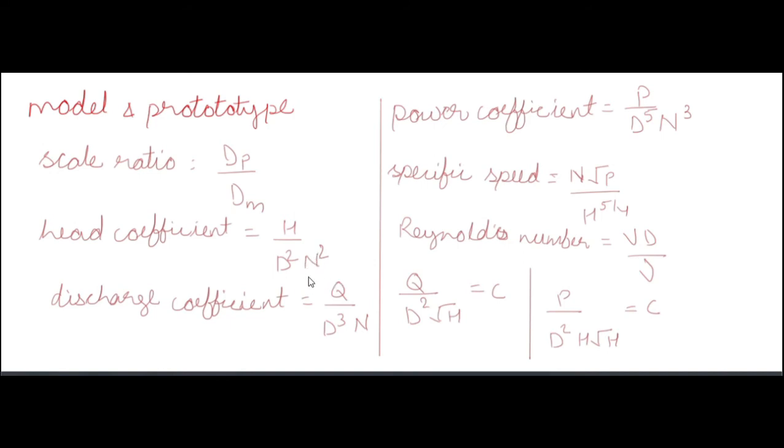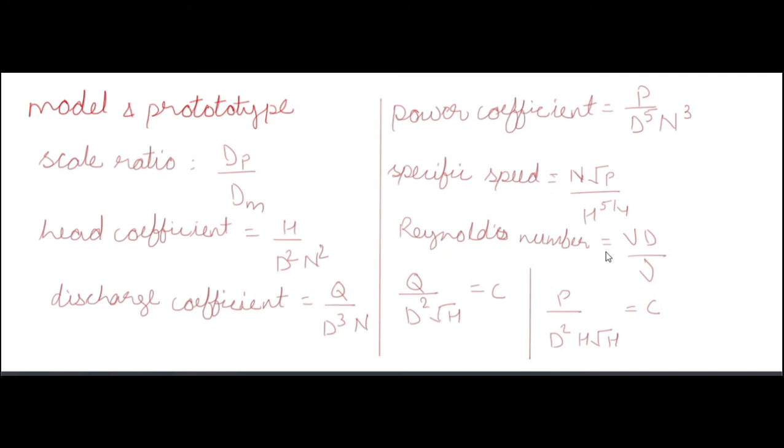Discharge coefficient is Q by D cube N, where N is rpm, D is diameter, Q is discharge. Power coefficient is P by D to the power 5 N cube. Specific speed Ns we have already seen: Ns is equal to N root P by H to the power 5 by 4, where P is power and H is net head.